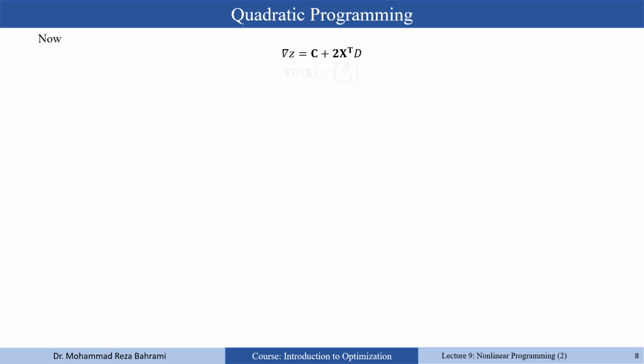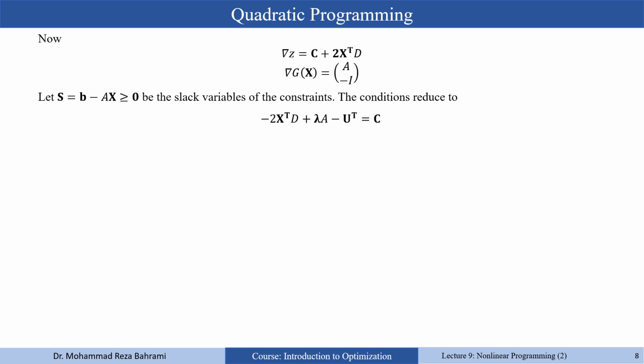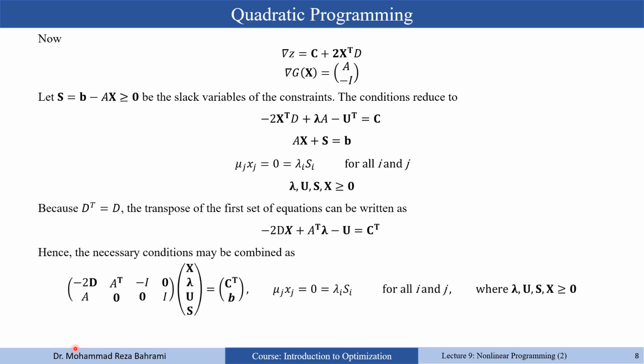So the formula was exactly here. Sorry, where is the formula that we had? I'm trying to find the formula. Oh yeah, it's here, so you can see that. Here you have minus 2 times D, here you have A transpose, minus identity matrix, zero vectors, and I. You need to memorize this formula.